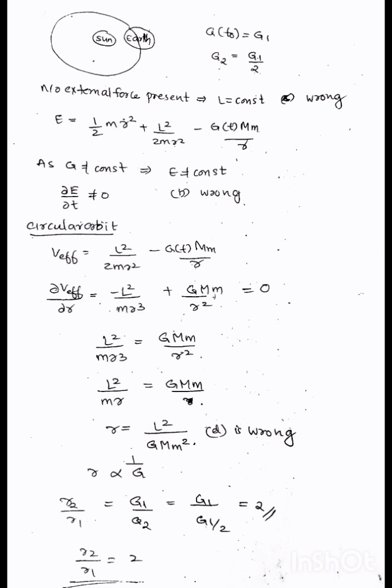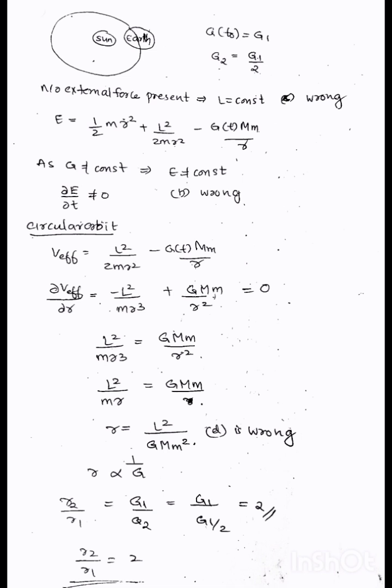The next question is, assume that the Earth revolves in a circular orbit around the Sun. Suppose the gravitational constant G varies slowly as a function of time. In particular, it decreases to half its initial value in the course of 1 million years. Then during this time, the dash. So here we need to find which option is correct.